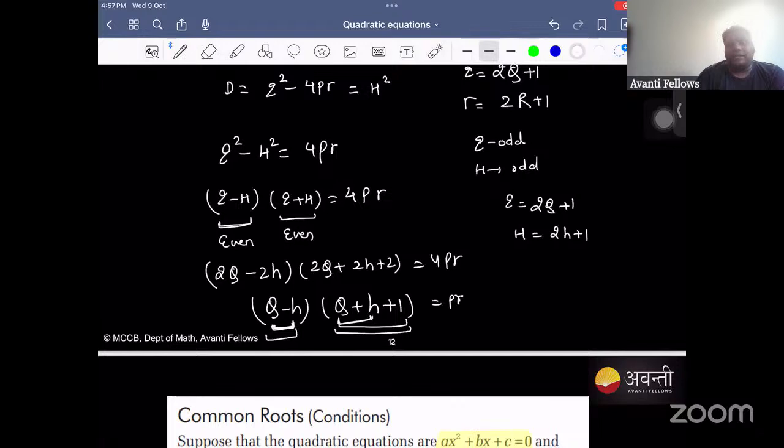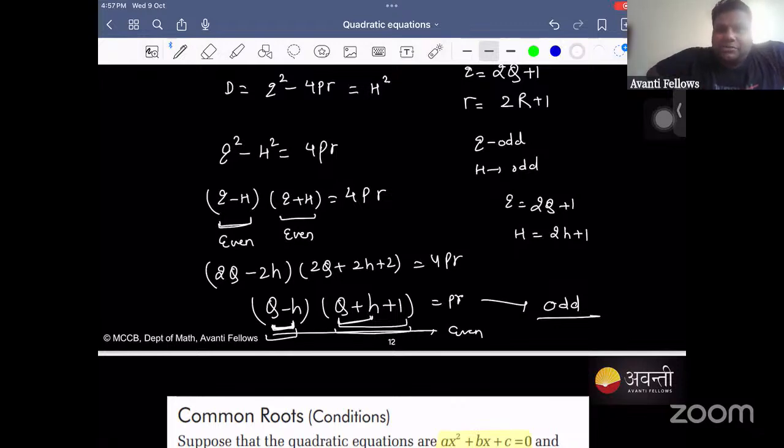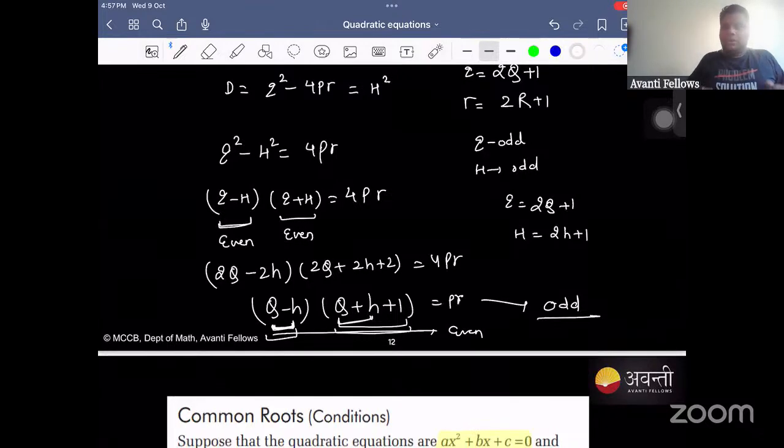So in any case, this left side is going to be even, whereas this right side is going to be odd. So this cannot happen. So the assumption we made is wrong. You cannot have rational roots if p, q, r are all odd.